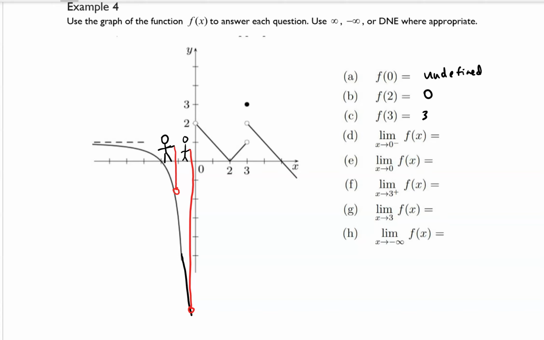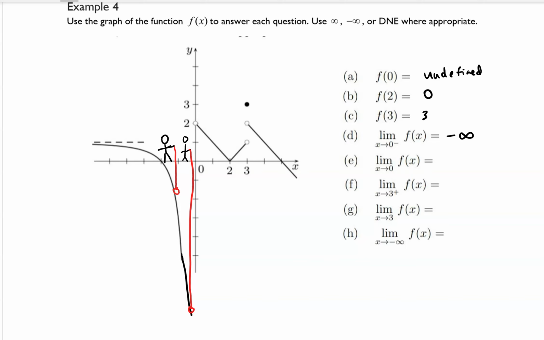However, it's a special kind of does not exist in that the yo-yo is going down maybe to the depths of hell forever. You'd technically be correct if you put does not exist, but we want to be more specific than that, and it's actually going down to negative infinity.